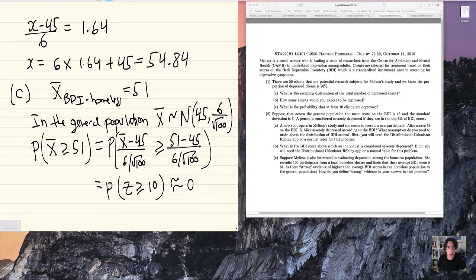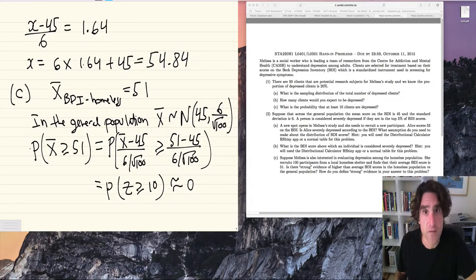So what this implies is that the chance of observing a BDI greater than or equal to 51 is virtually 0. And so that means that there's strong evidence that the mean score of BDI in homeless is different than the mean score of BDI in the general population, because we assumed the distribution of BDI scores in the general population, and then under that assumption we calculated the probability of observing a BDI score greater than or equal to 51.